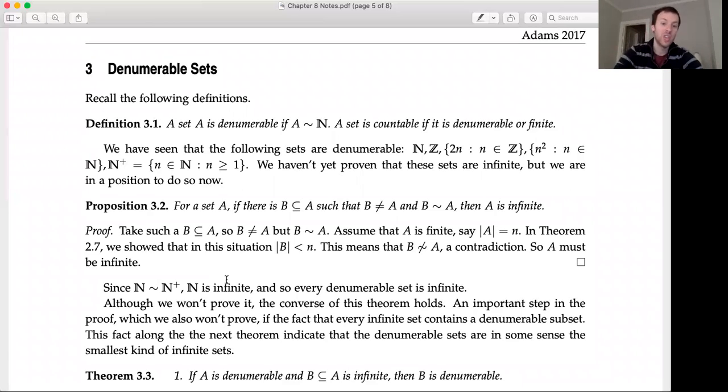And you can check that, because you know the natural numbers are infinite, every denumerable set is infinite, which could be a small proof by contradiction. If it was finite, then it would be equinumerous to one of these sets, 1, 2, and so on up to n.